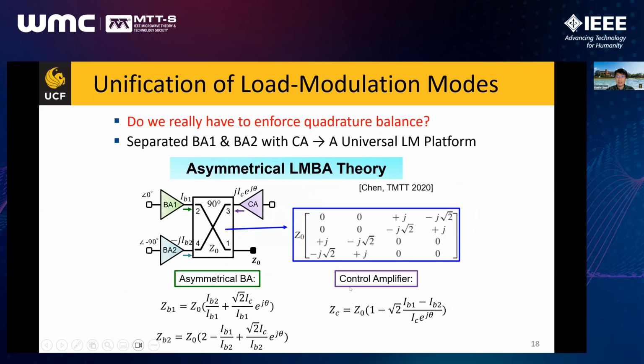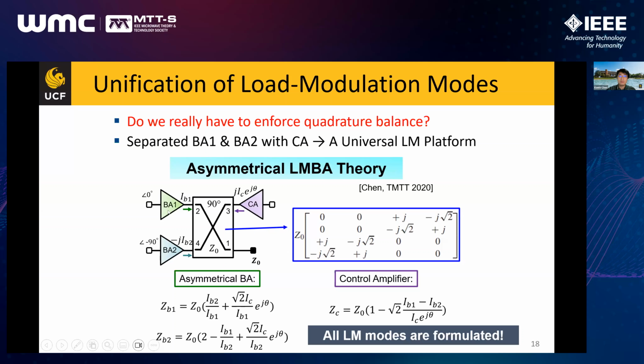Ideally, all three amplifiers can be load modulated individually with proper selection of the current amplitudes. With this set of equations, basically all the load modulation modes are formulated, no matter whether it's Doherty or LMBA.